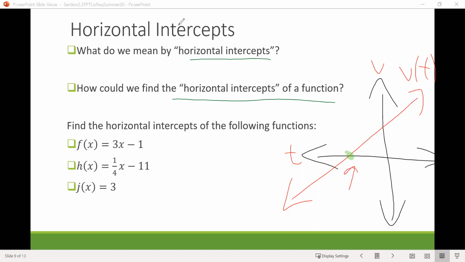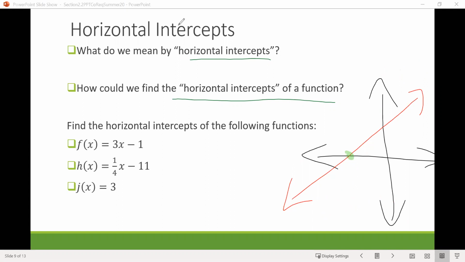So this thing right here would not be an x-intercept, but it would actually be a t-intercept. This is why I'm trying to get us to move away from that vocabulary, x-intercept or y-intercept. Here we're talking about horizontal intercept, so it will be where it intersects the horizontal axis, which is the one that generally has the inputs on it.